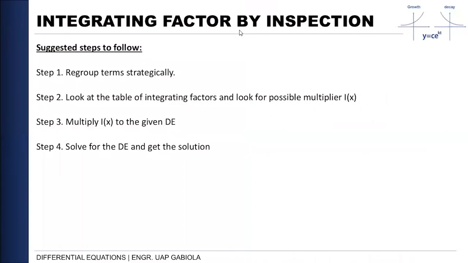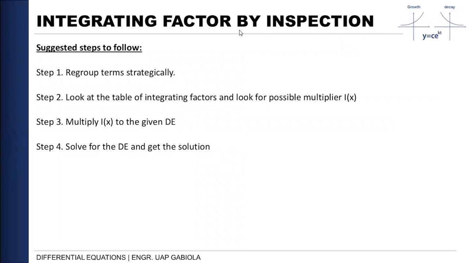Then after the grouping, refer daw do sa table of integrating factors and look for possible multiplier na IX or integrating factor natin. So again, it is possible to have an integrating factor or a multiplier na greater than 1. Okay, it can be a 2, 3, or 4 multipliers na eventually once you solve it, will yield the same answer or conclusion.